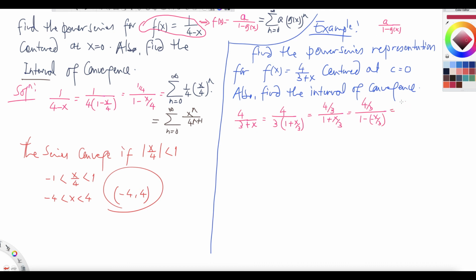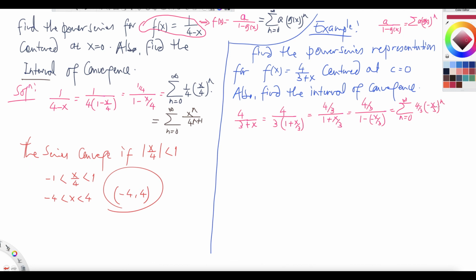So how can you write that in the series format then? If it was that case, then you could write the summation of a times g(x) to the n. So similarly here you can write that as the sum from n equals 0 to infinity of a, which is 4/3, and then g(x) is negative x over 3, to the n.